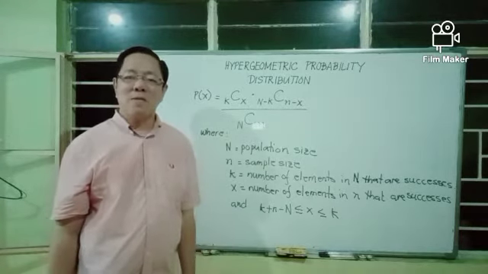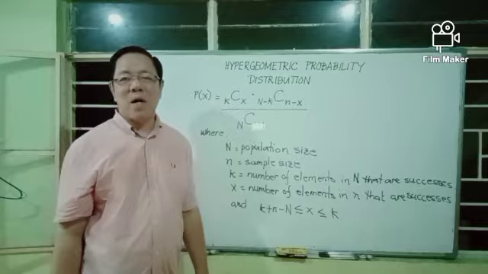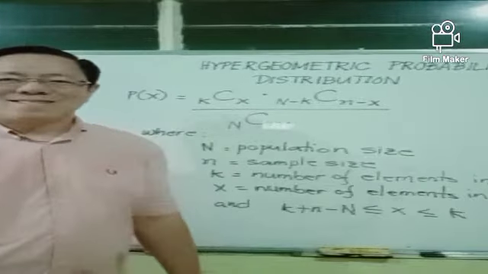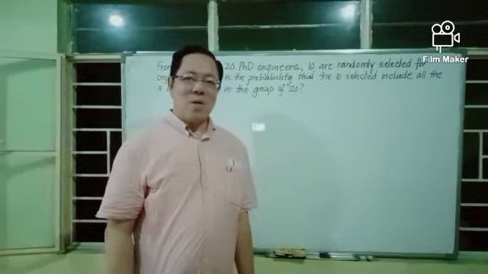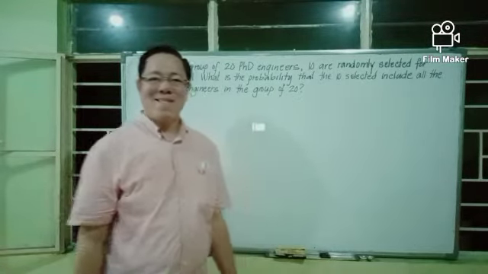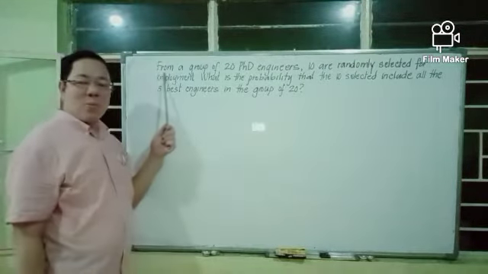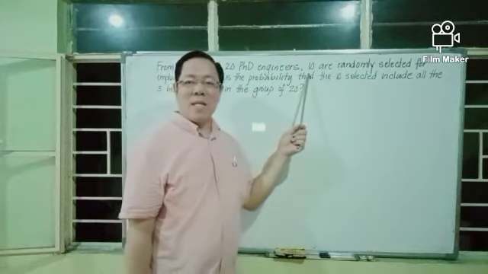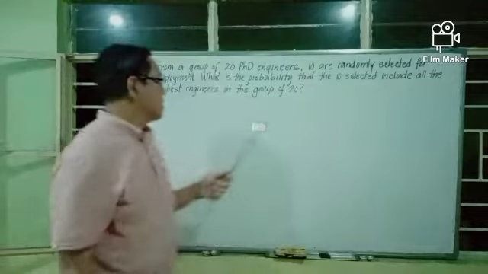We now take the first example for hypergeometric probability distribution. For our first example, consider the following problem. From a group of 20 PhD engineers, 10 are randomly selected for employment.